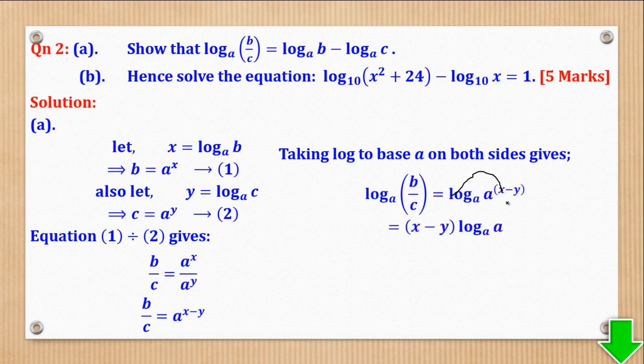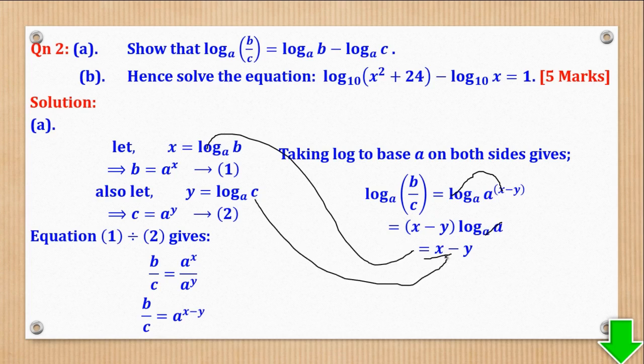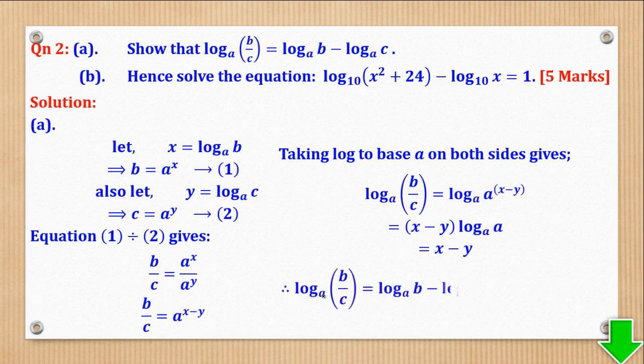That is also a rule in logarithms. Now this one, there are same values, meaning it cancels. It is equal to 1. So that's why you can get x minus y. But remember, your x was this and your y was this. So meaning we have got the proof we want, that log base a of b over c is equal to log base a of b minus log base a of c.